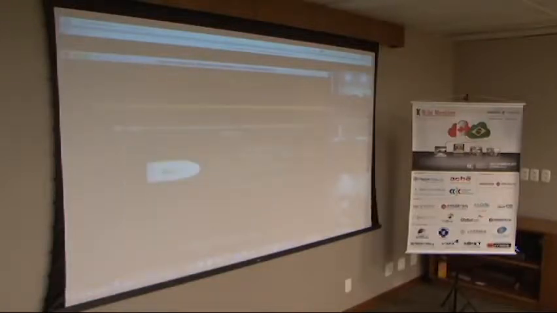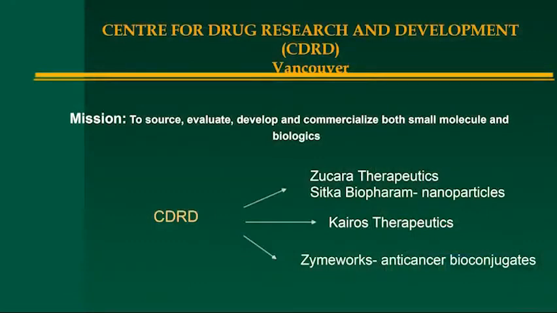Next slide, please. Another important institution that has been created over the past, I think, 7 to 8 years was the CDRD. The CDRD stands for Center for Drug Research and Development. So the model is an excellent one. It's a business model, I say business, but please keep in mind that it's a not-for-profit organization.